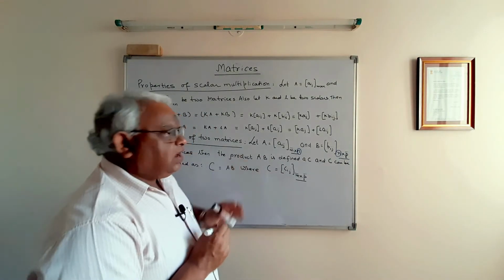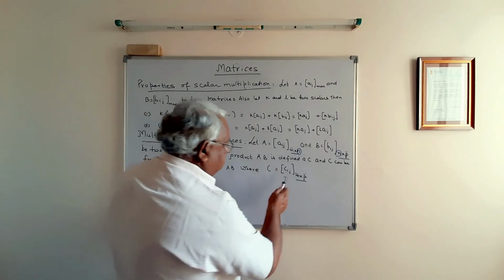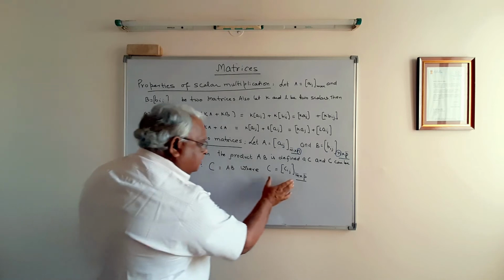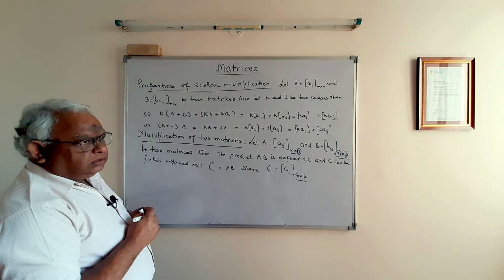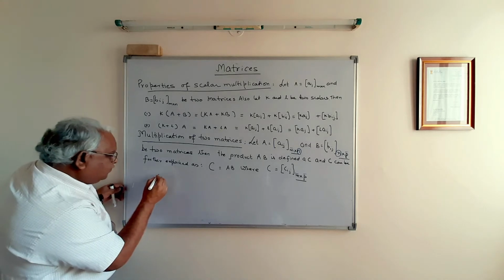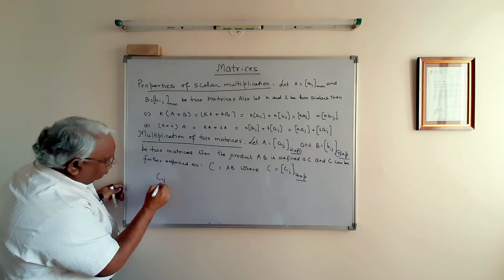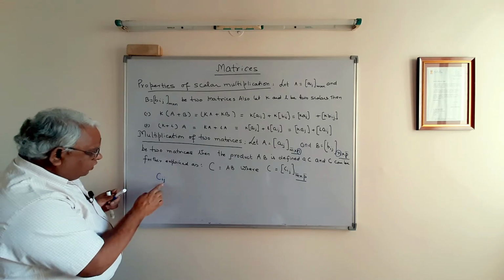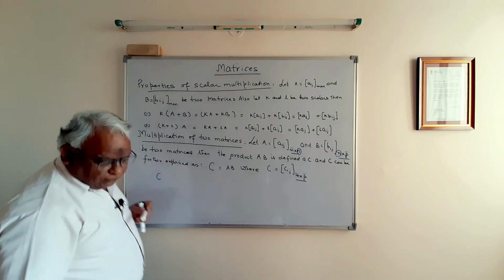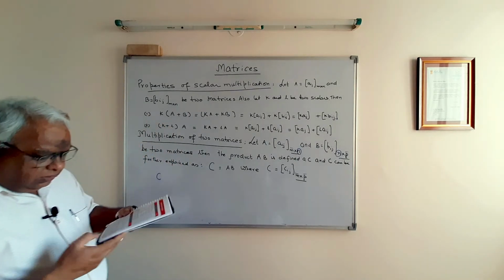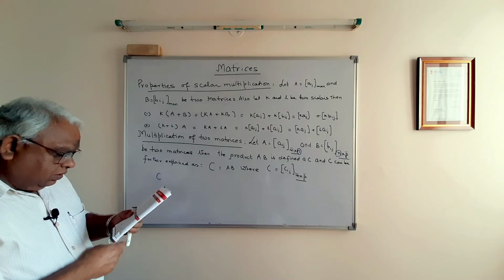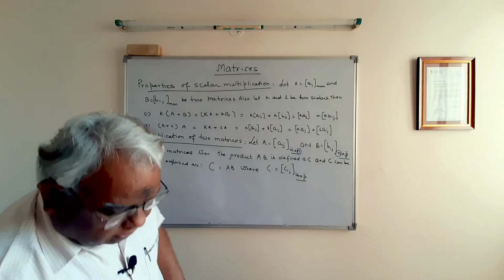Now let us try to understand the element of this. To understand it, we need to see how the result looks when you are talking about Cij, or for simplicity, you can take Cik.